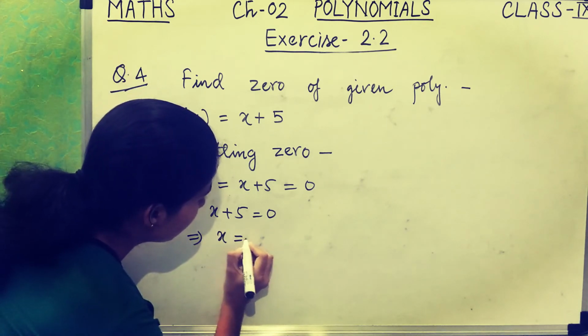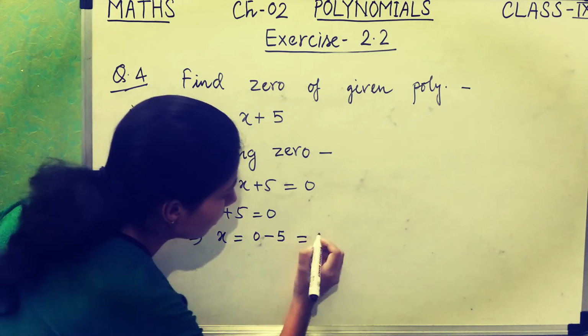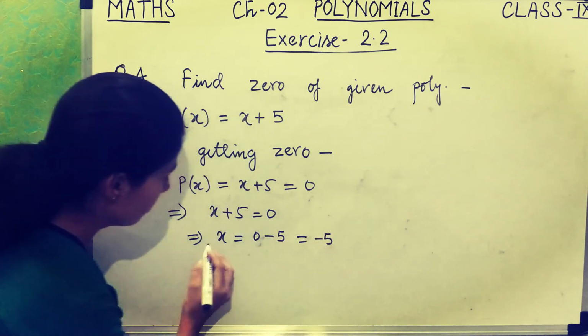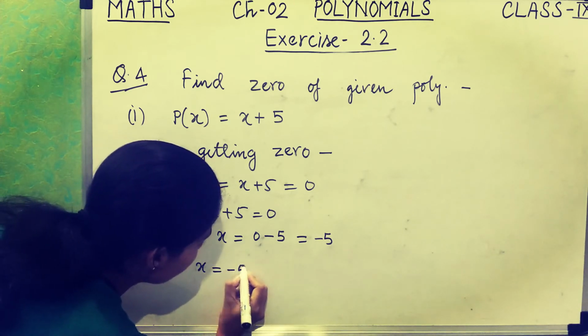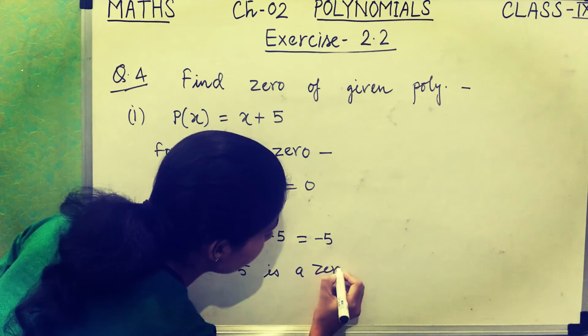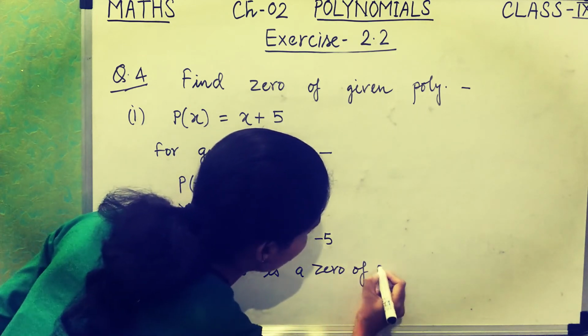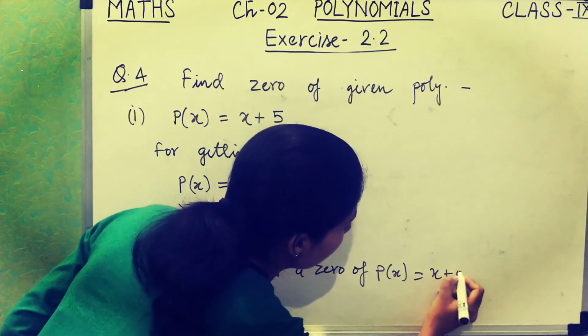So x equals to 0 minus 5. So 0 minus 5 is minus 5. So x equals to minus 5 is a 0 of polynomial p(x), that is here x plus 5.